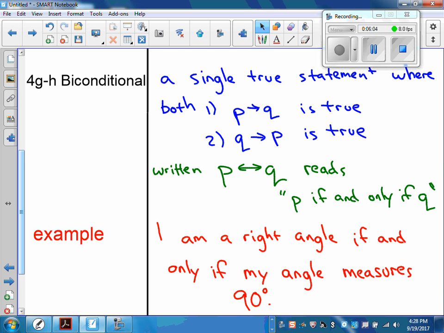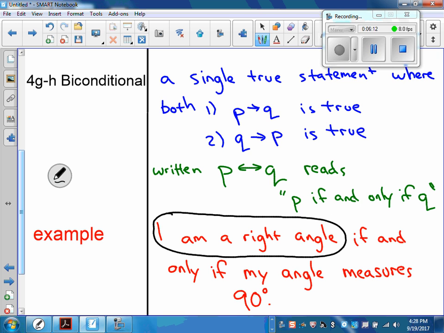If you look at that, you can easily see that I am a right angle is the P part, and my angle measures 90 degrees is the Q part. We can easily say if I am a right angle, then my angle measures 90 degrees. That's true.